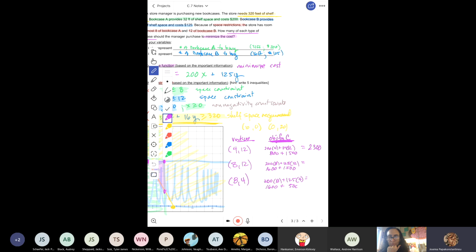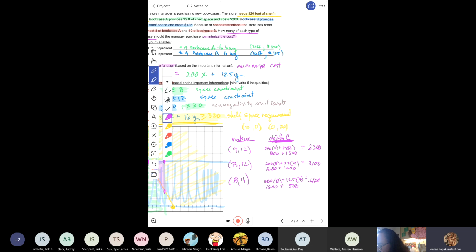Anybody? I know the answer. 3,100. Right. And the last one, at the last vertex, what is the value of the objective function? 2,100. Yes.